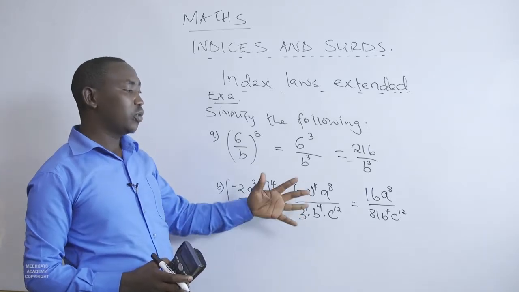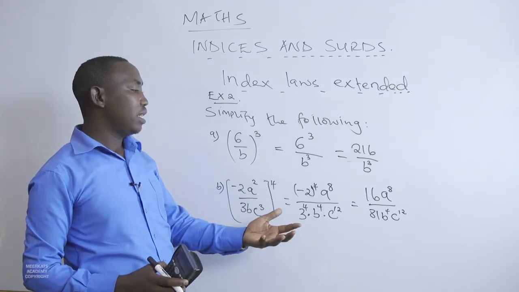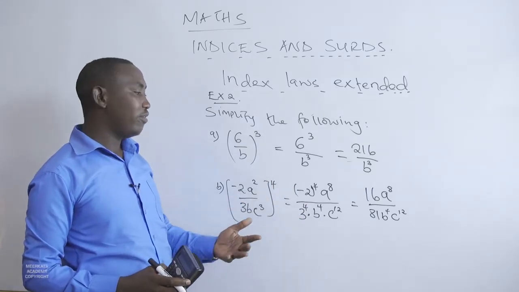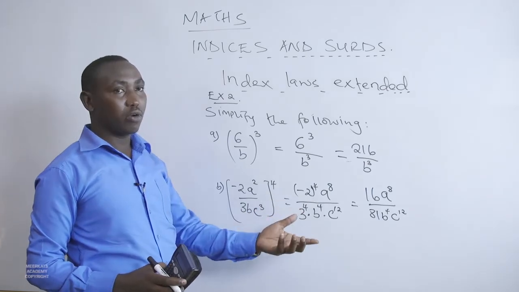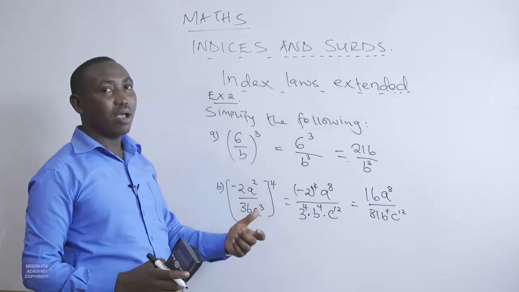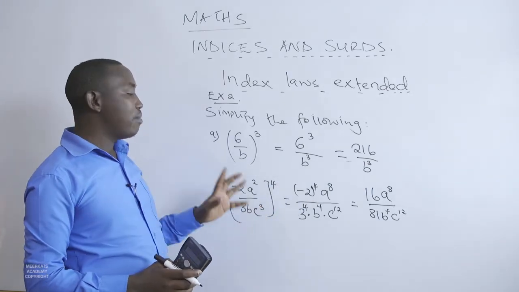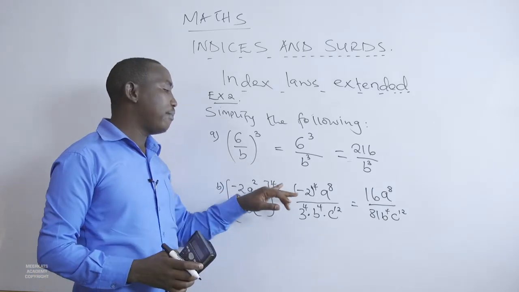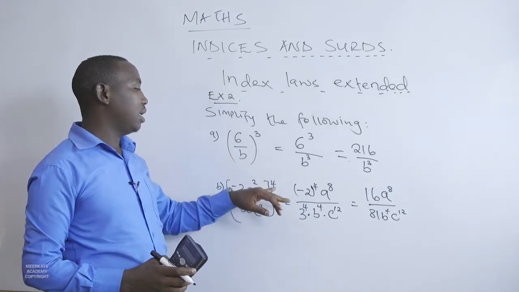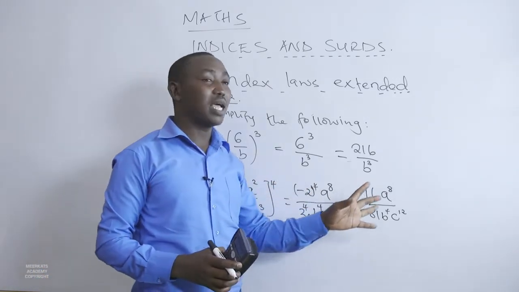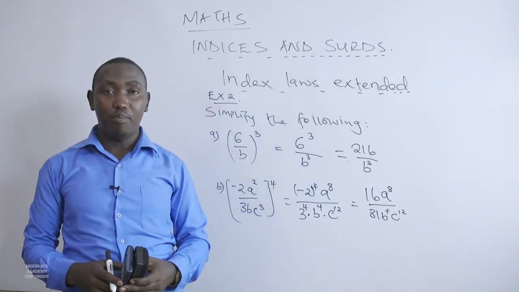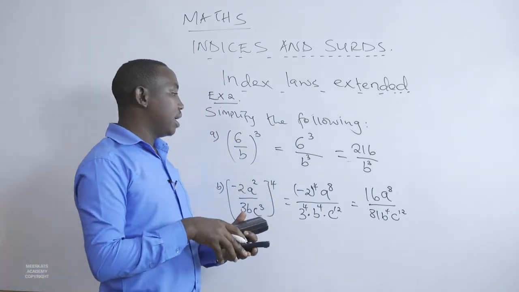So again, we can see how the powers are playing out very nicely. So always recall that whenever you raise a negative number by a power which is even, the overall result is going to be a positive number.